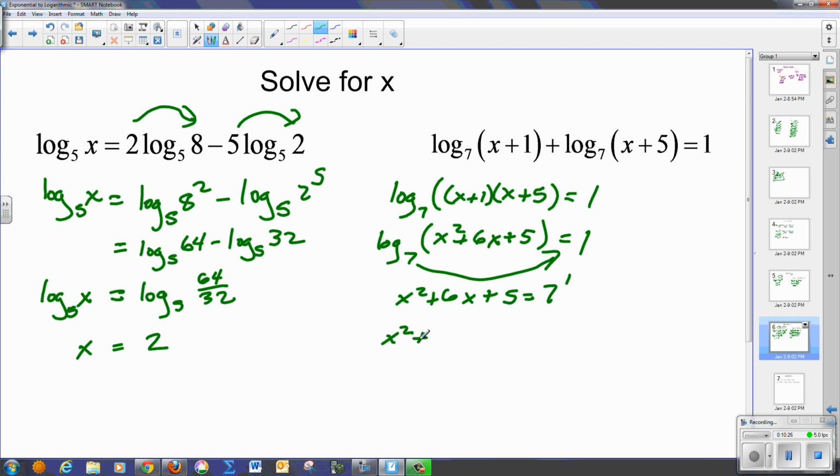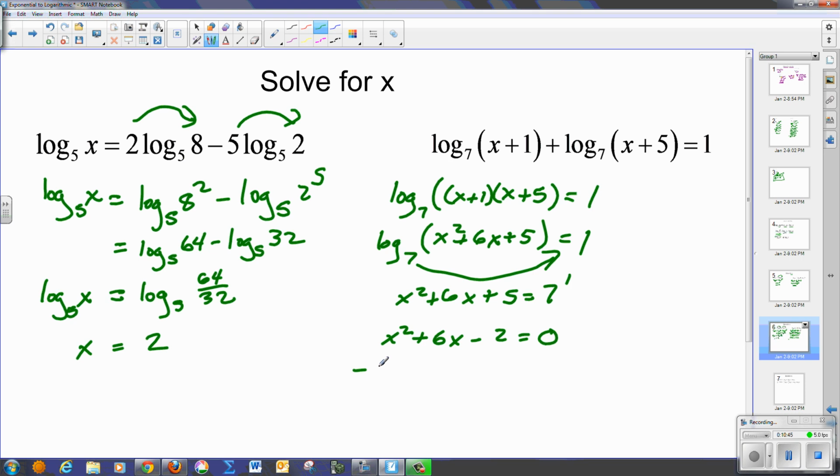Since it's quadratic, set it equal to 0. x squared plus 6x minus 2 is equal to 0. All right, you'll notice now that in this case, this does not factor. That doesn't mean there's not an answer. We use the quadratic formula.